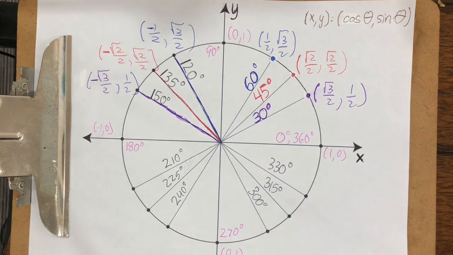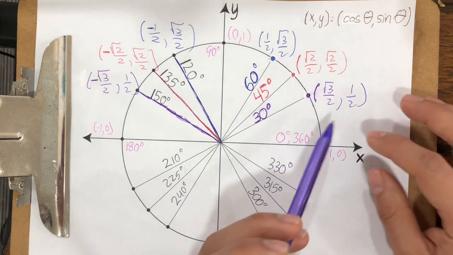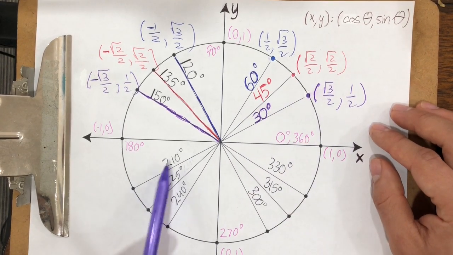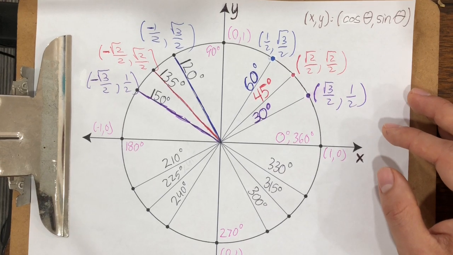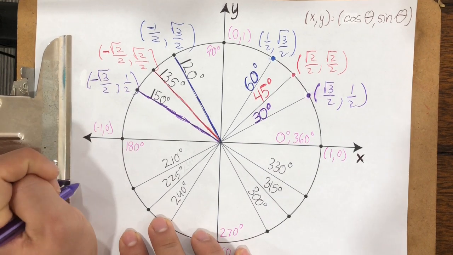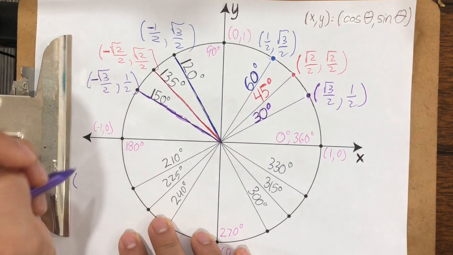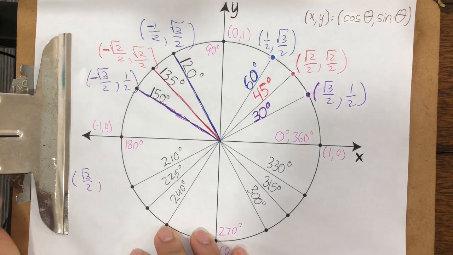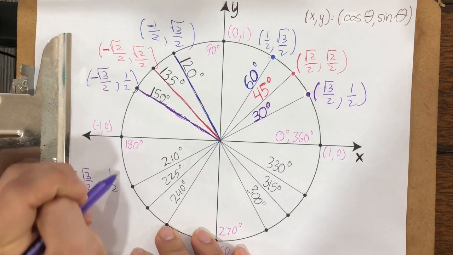So I have 210 degrees, subtract that to 180 degrees, I get 30 degrees. So I'm gonna take my purple pen and copy the X and Y coordinate for 30 degrees and paste it in the same spot as 210. All right. So I have root 3 over 2, comma, 1/2.